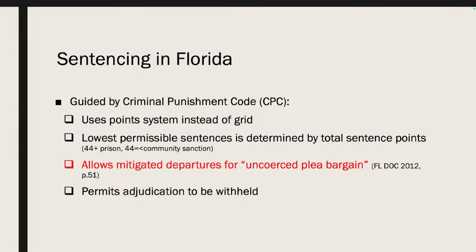This process of sentencing is documented in this document right here. This is the Criminal Punishment Code score sheet. And I'm showing you this handwritten document. This is a different case than the one I was talking about just a moment ago. And I'll show you why I use a different case in just a second. But this person was convicted of robbery by sudden snatching.